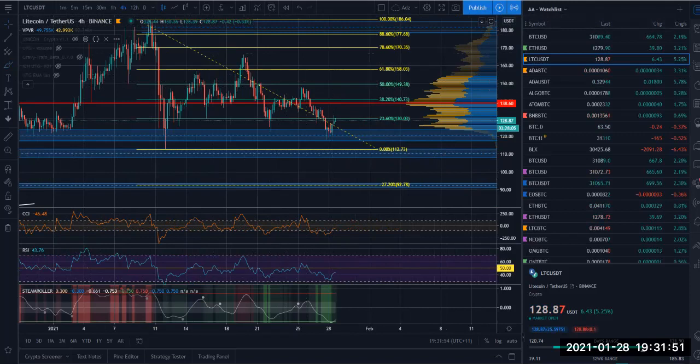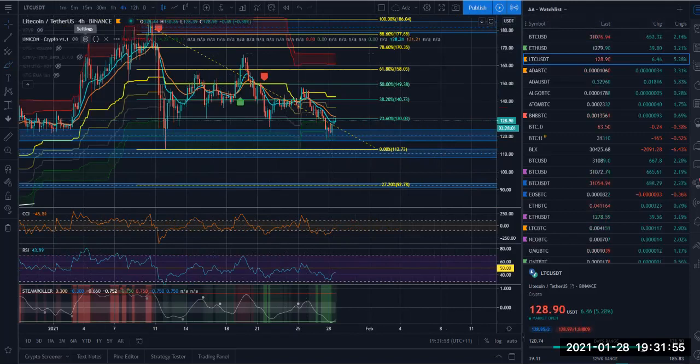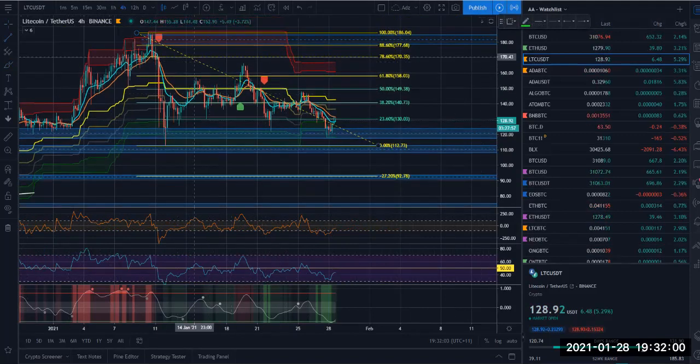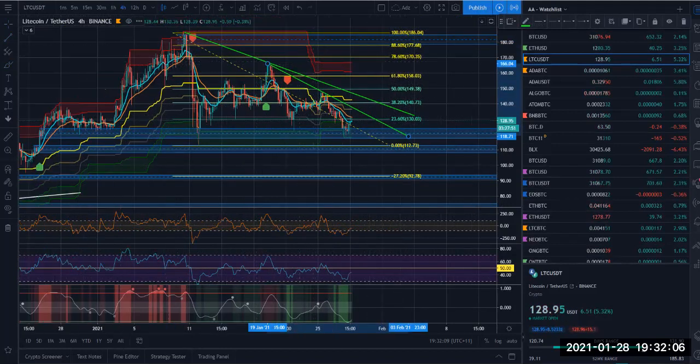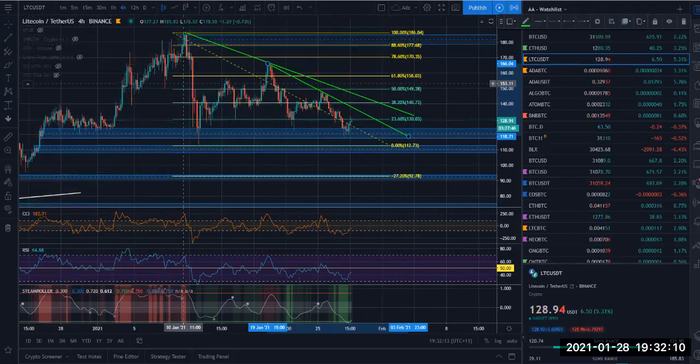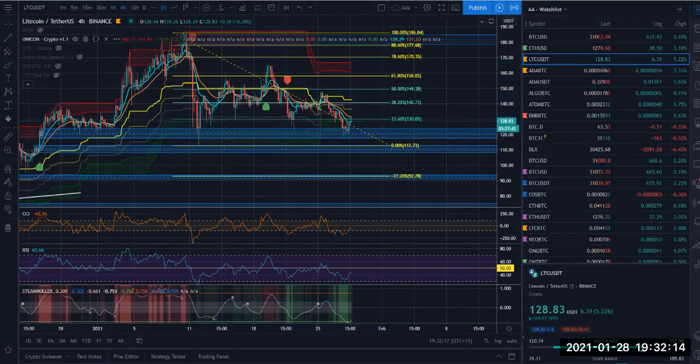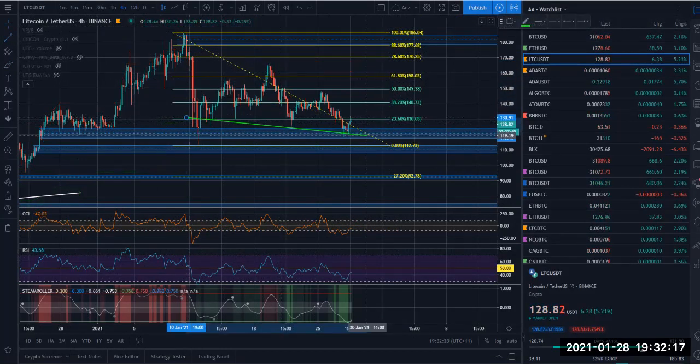So if we turn off our volume profile and turn on something a little bit more reliable, like our Unicon indicator, and although I don't like it, drawing in some trend lines, depending on how you would like to see this. One thing I've been looking at, but again, I don't put a ton of weight on it, is this sort of formation.